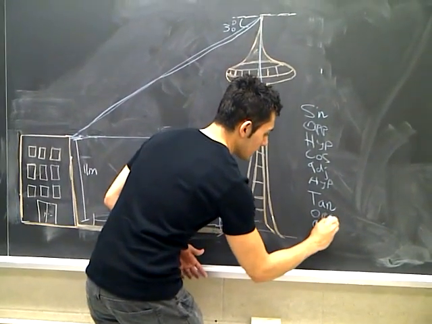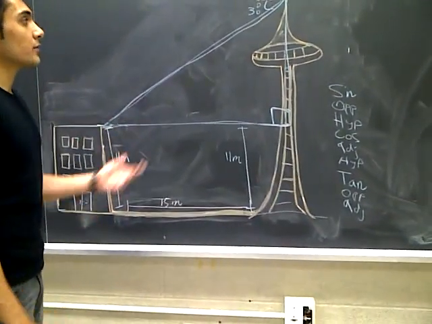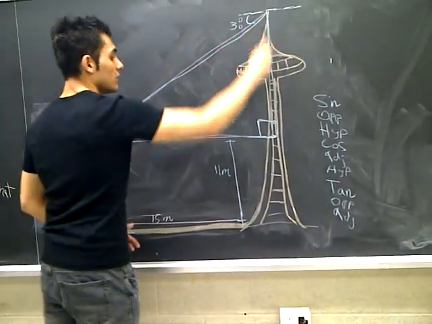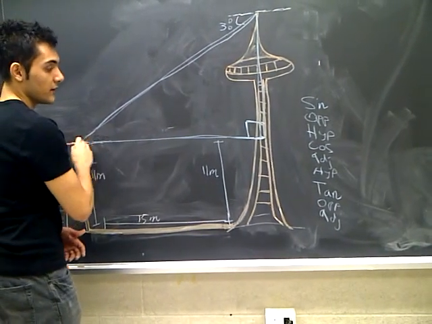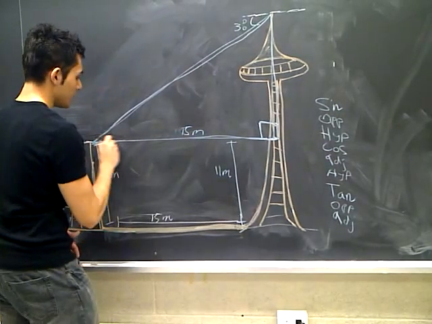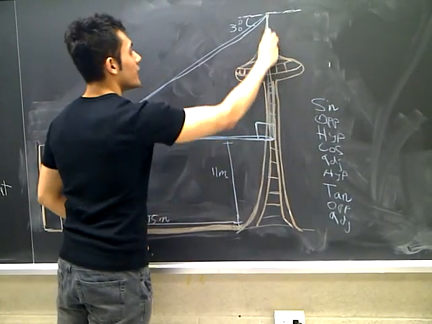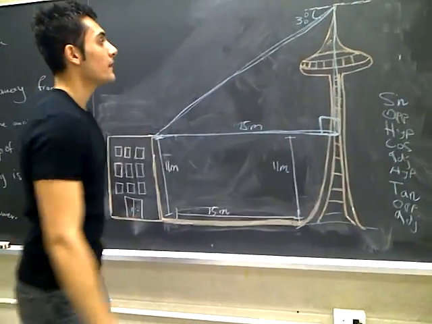So, opposite and adjacent. But your problem is that in this triangle, you know the distance from the building to the tower is 15 meters. So you have this information for this right angle triangle, but you don't have any angles.